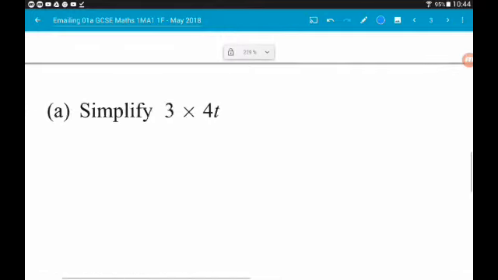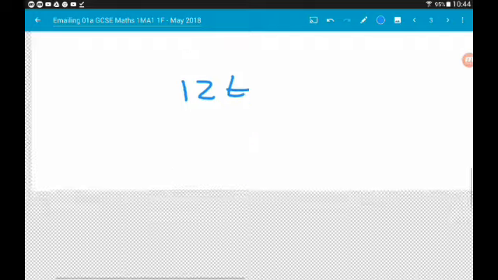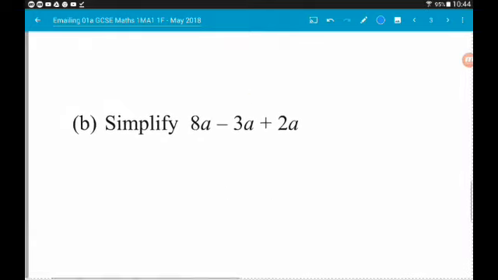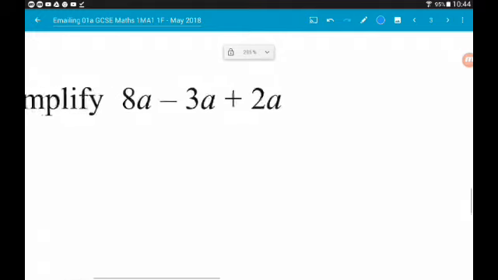6a wants us to simplify 3 times 4t. 3 times 4 is 12. So 3 times 4t is 12t. And then 6b wants us to simplify 8a minus 3a add 2a.